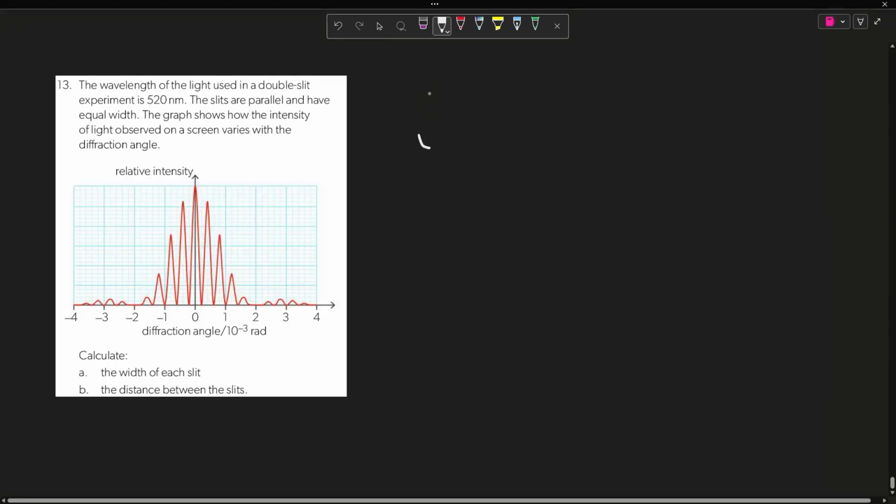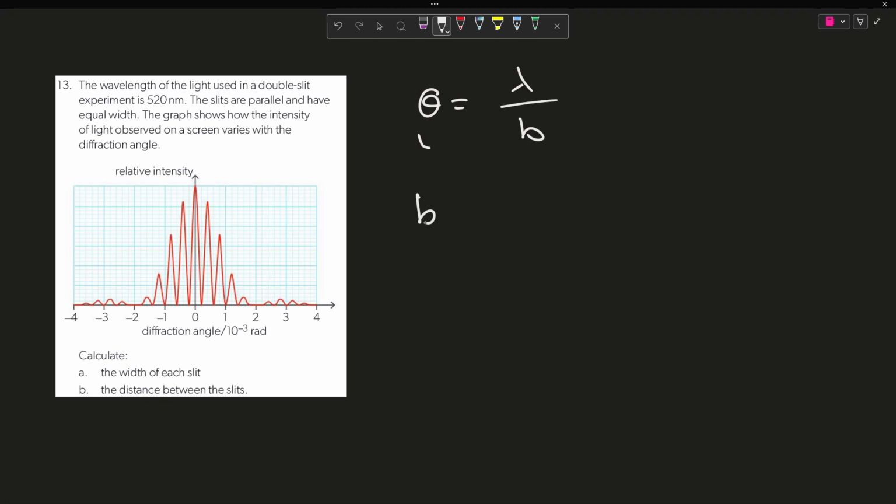So for A, we can just use the normal formula that theta is equal to the wavelength over the width of the slit, and this formula is for a single slit. So if we look at the single slit pattern, the minimum is at 2 times 10 to the minus 3 radian.